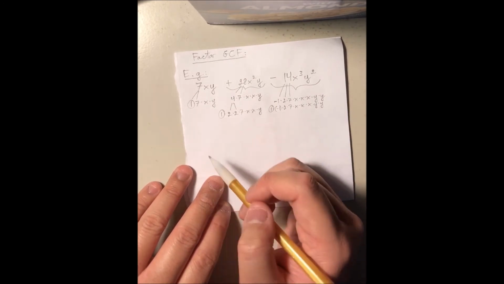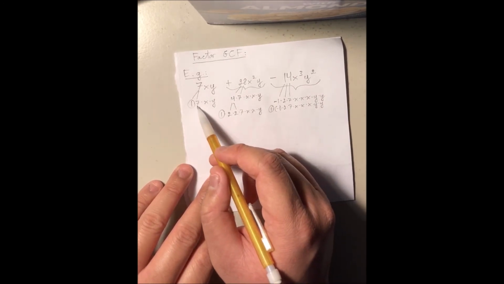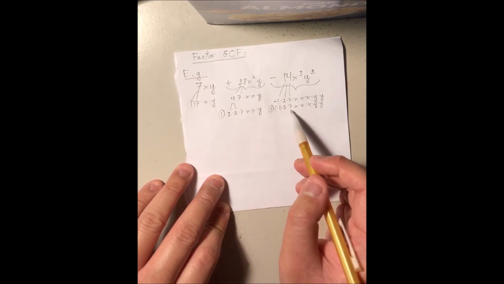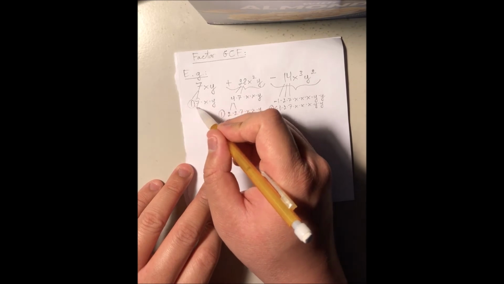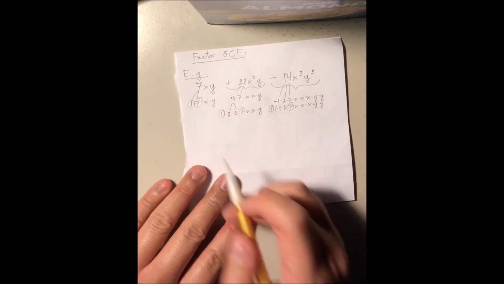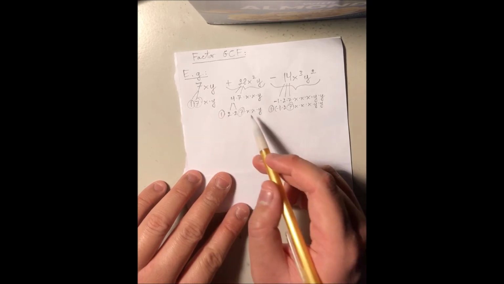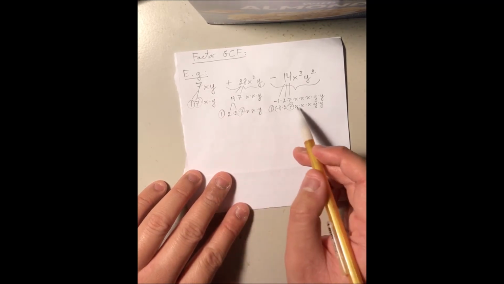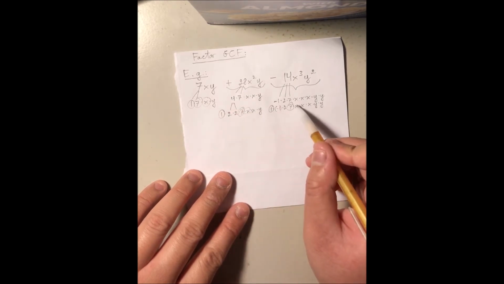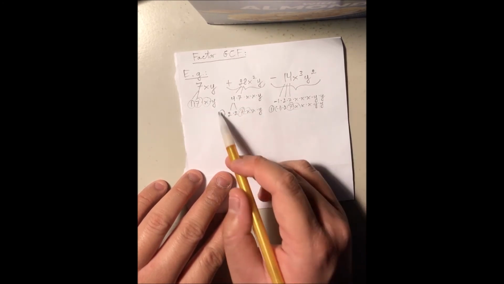What about the positive 7? Well, we got positive 7 in the first list, in the second list, and in the third list. So that's another one. What about the x? We got one x in the first list, another x in the second list, and another x in the third list. So that's another part of the GCF. What about the y?